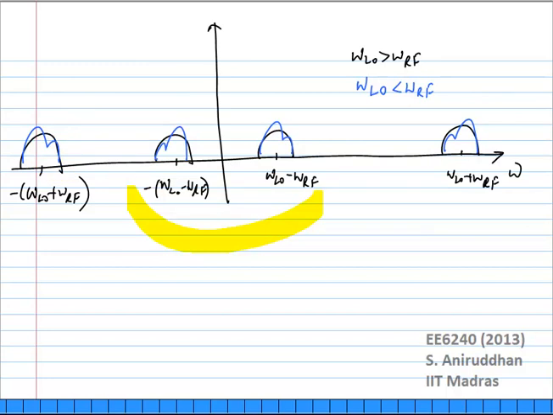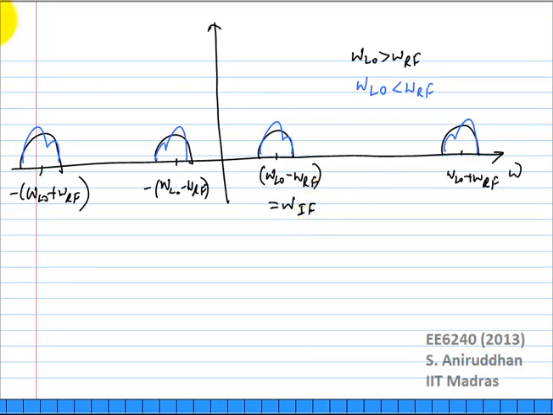Now you have done the mixing. What is this frequency called? Omega LO minus omega RF. This is your intermediate frequency, IF, and that is the one you want to amplify and process. So what do you think the IF filter should look like?